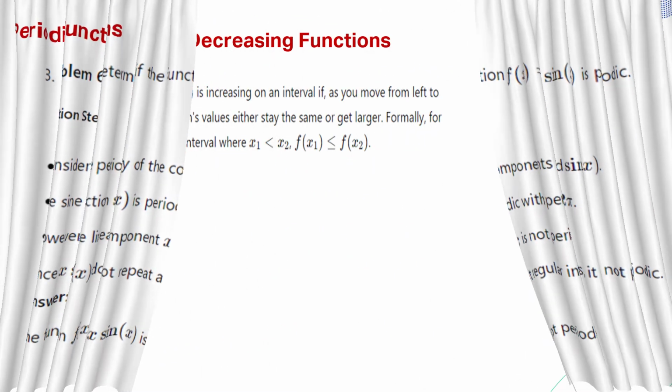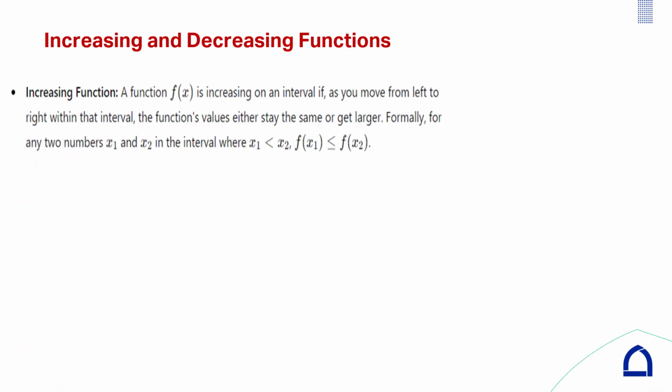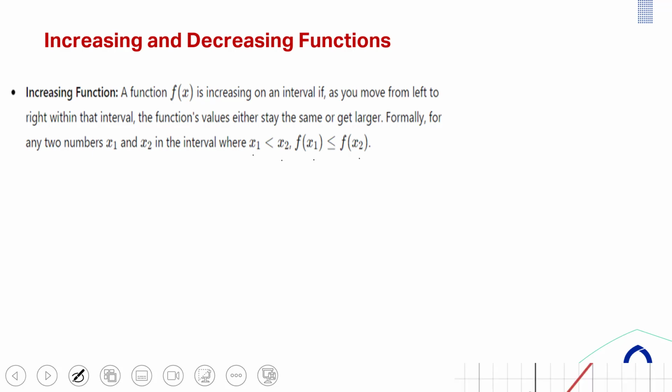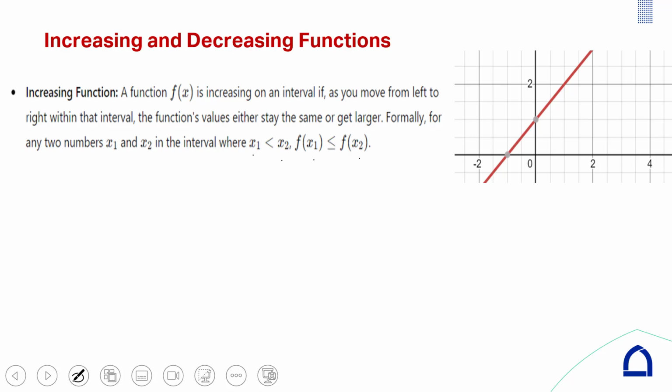Now we go for another concept. To decide whether a function is increasing or decreasing, you just take any 2 points, one bigger than the other, and you check the function at the bigger value against the function at the lower value. Like this case, this is a function f of x equal to x plus 1. If you go from left to right, you find your line is going up, so your function is increasing.